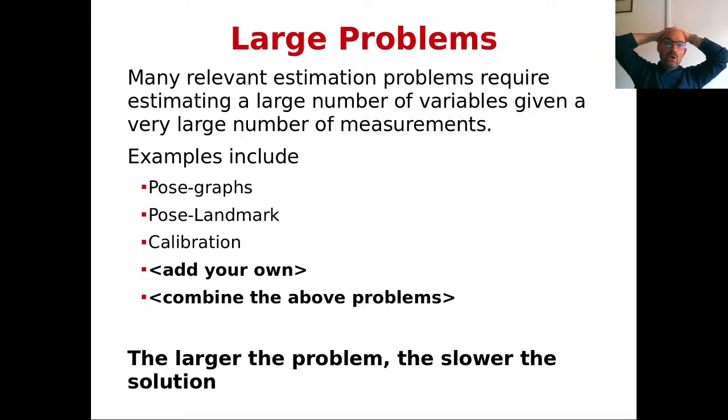And this is clearly not easy to solve. We have also seen problems that include pose graphs. Imagine that a pose graph might easily have thousands and thousands of nodes. We have seen pose landmark examples, but plenty of them.